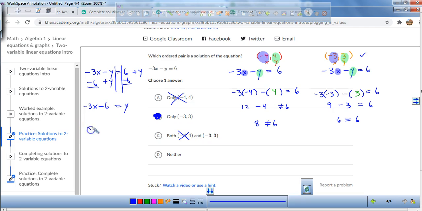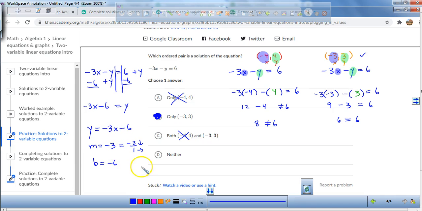We are now in slope-intercept form. y equals negative 3x minus 6. Your slope is negative 3, which is technically negative 3 over 1, which means I go down 3 and over 1 to the right, and my y-intercept is at negative 6.